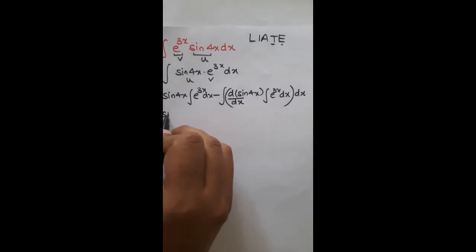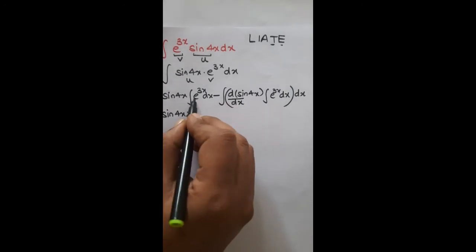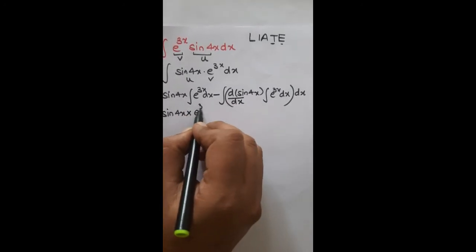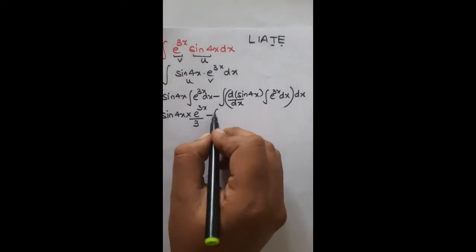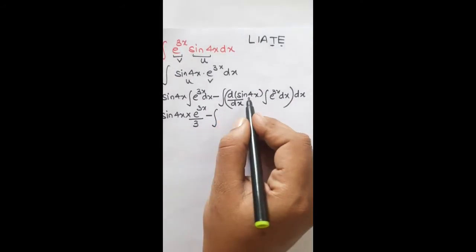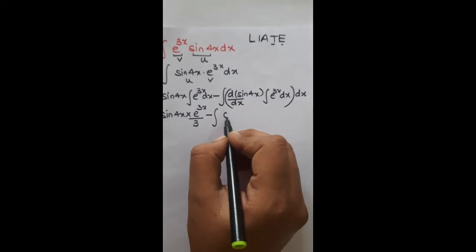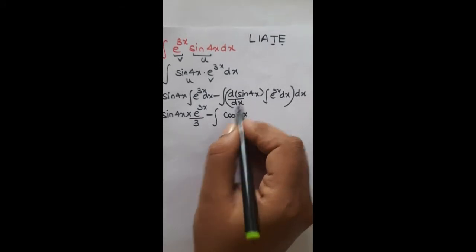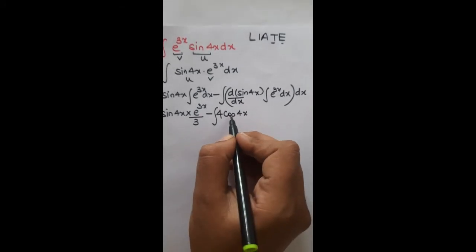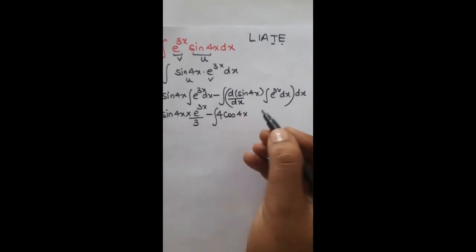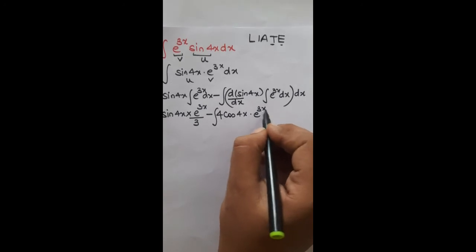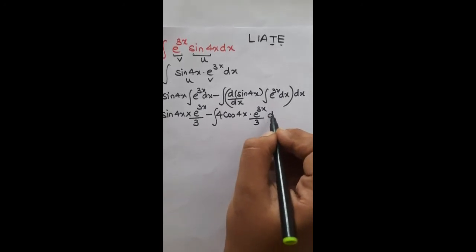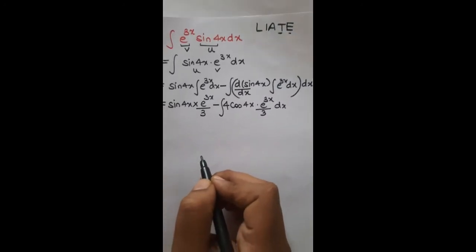Continuing further, sin 4x, integration of e raised to the power 3x is e raised to power 3x upon 3, minus integration, derivative of sin 4x is cos 4x. 4 is multiplied here because it is differentiation, into, again, integration of e raised to power 3x is e raised to power 3x upon 3, dx.